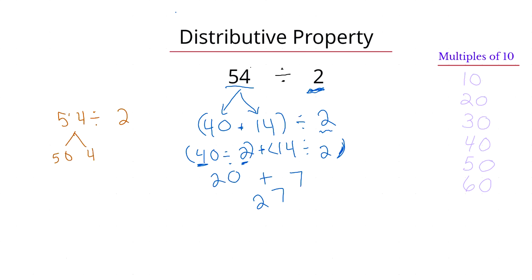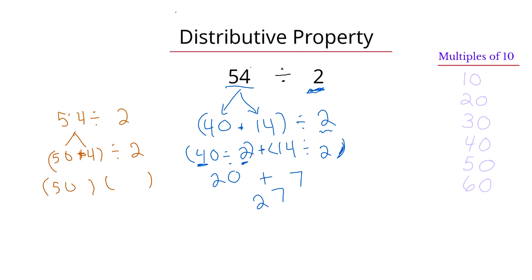I can break it down to 50 and 4, put it into parentheses, bring down the division, bring down the 2. But then when it comes to making the eyes, because that's the next step, right? You make the eyes and you put the 50 first and you put the 4.